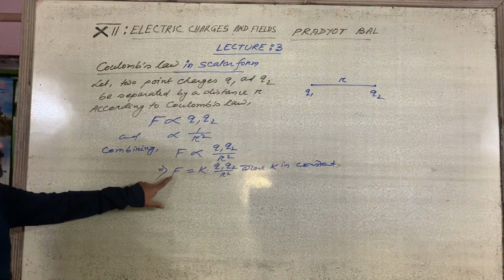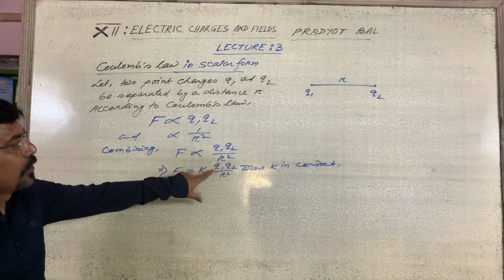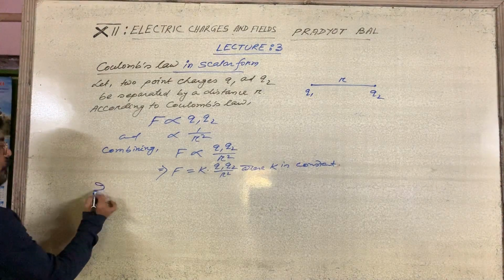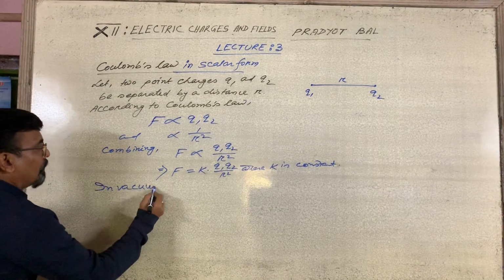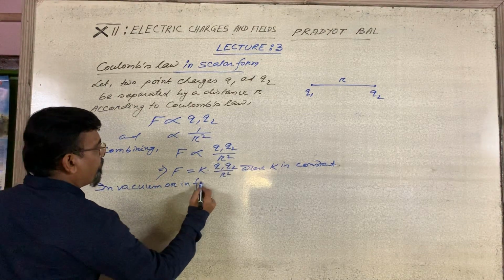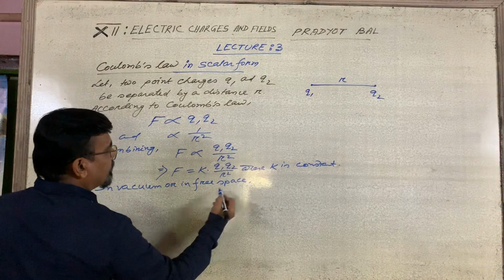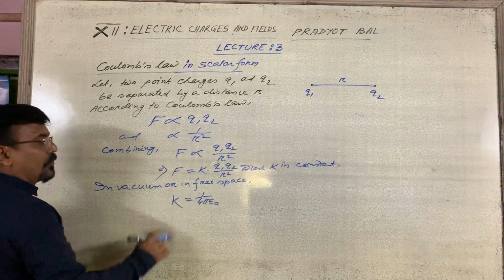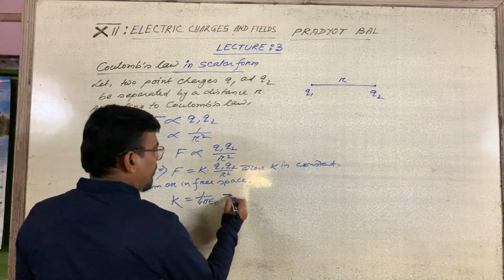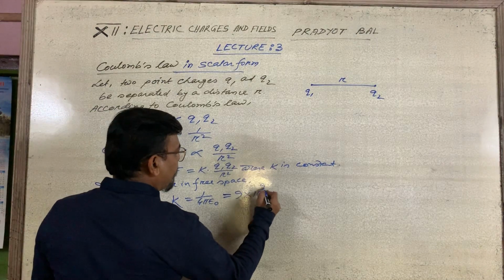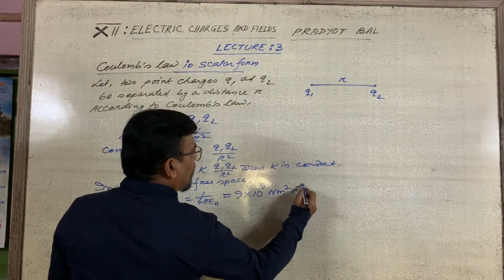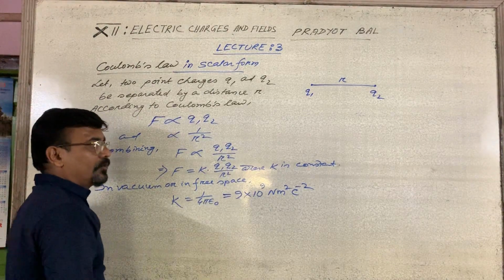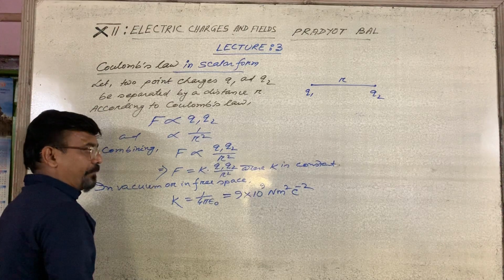So mathematically, Coulomb's law is F is equal to K Q1 Q2 by R square. Q1 and Q2 are the charges, R is the distance between them. In vacuum or in free space, K is equal to 1 by 4 pi epsilon naught, and in SI unit its value is 9 into 10 to the power 9 Newton meter square per Coulomb square.